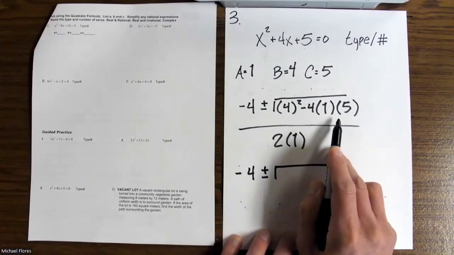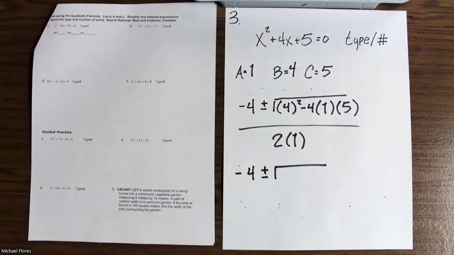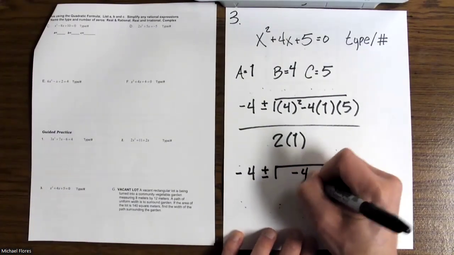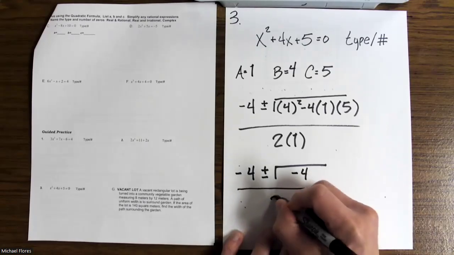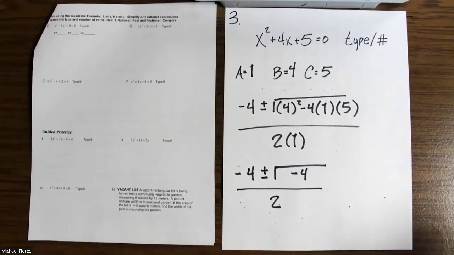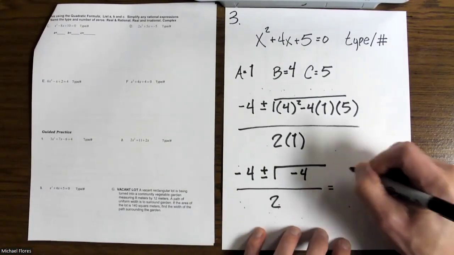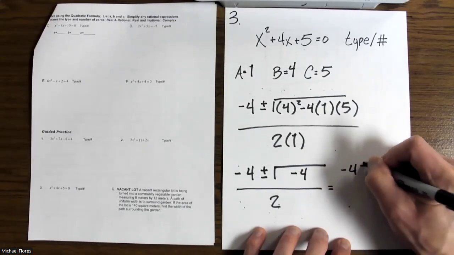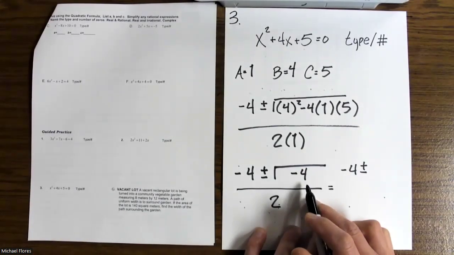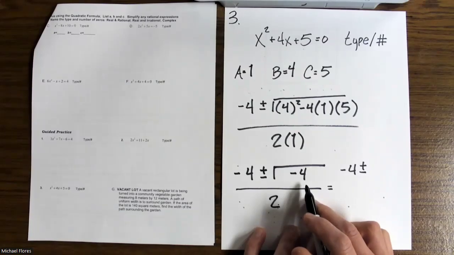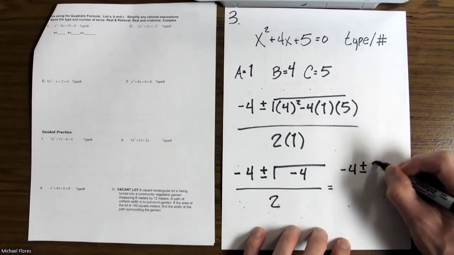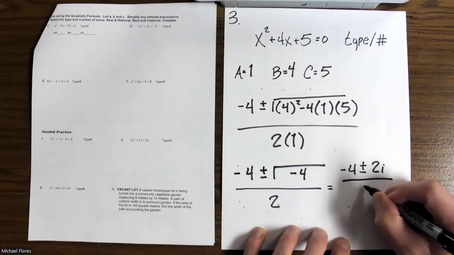If you simplify all of this, it is going to reduce to negative 4. If we simplify a little bit further, we have negative 4 plus or minus the square root of 4 is 2, and the square root of negative 4 is 2i, all over 2.